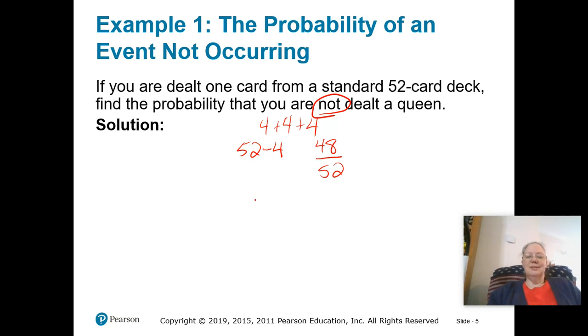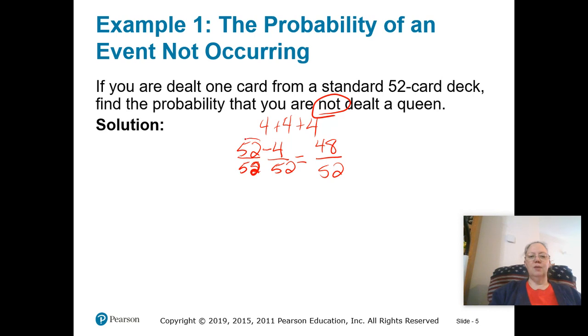So this is kind of what we were talking about on the last slide. Instead of taking the number of cards, we actually take the probability. So the probability, oops, that should be a 2, sorry, equals 48 out of 52.